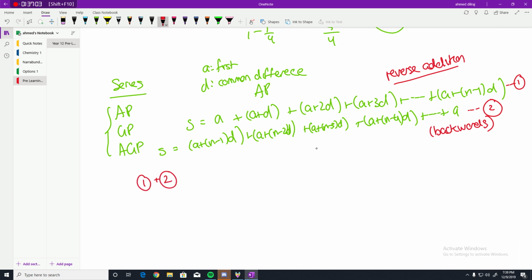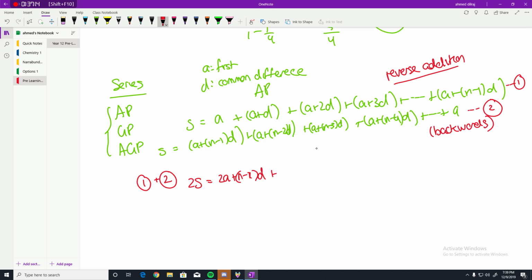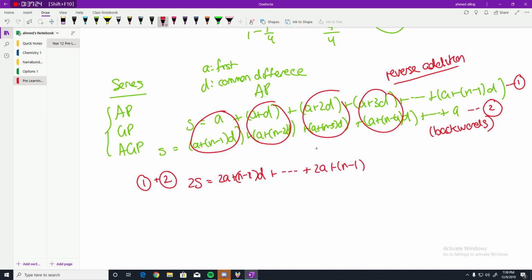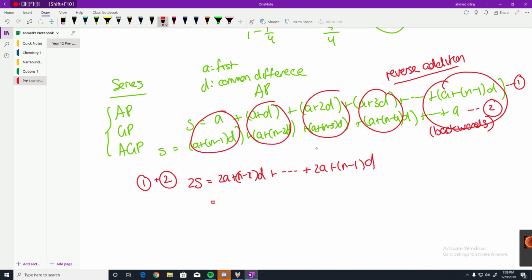On the left-hand side, I get 2S is equal to 2a plus (n minus 1)d, plus, again, 2a plus (n minus 1)d. All of these are 2a plus (n minus 1)d. Now, how many of these 2a plus (n minus 1)d's do we have, Dux?